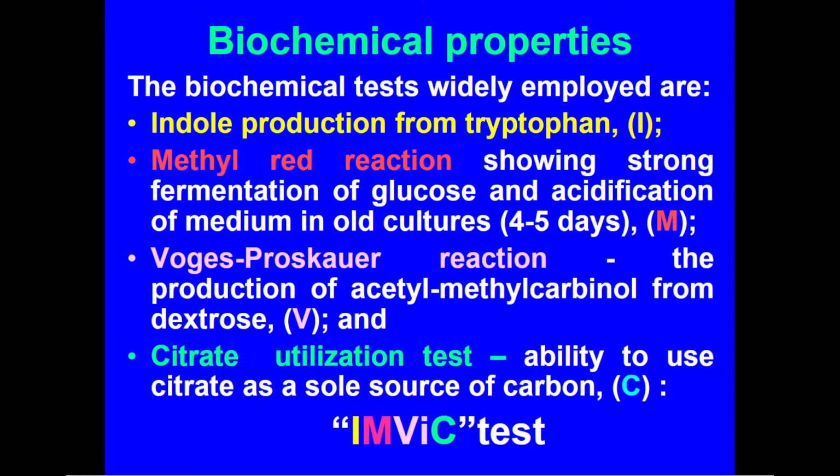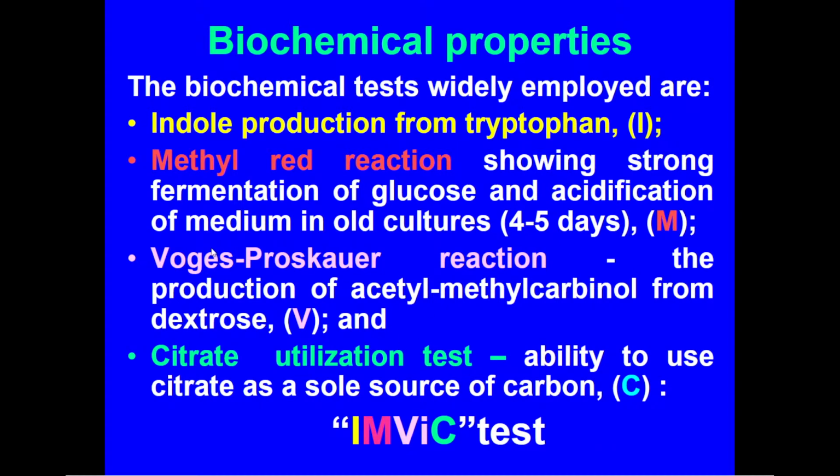This is called the IMViC test. I stands for indole production from tryptophan; we have studied this reaction in general microbiology. M stands for methyl red reaction, which shows the degree of glucose fermentation and the degree of medium acidification that may occur within 4 to 5 days.